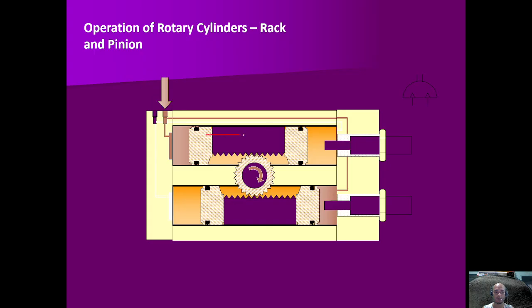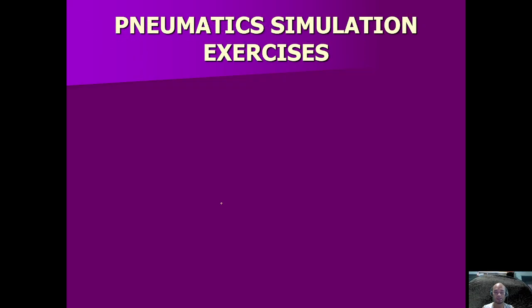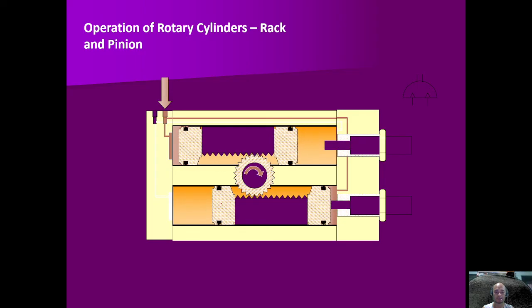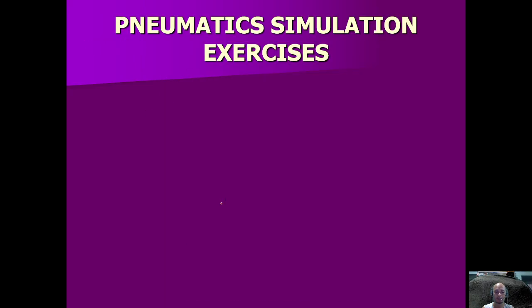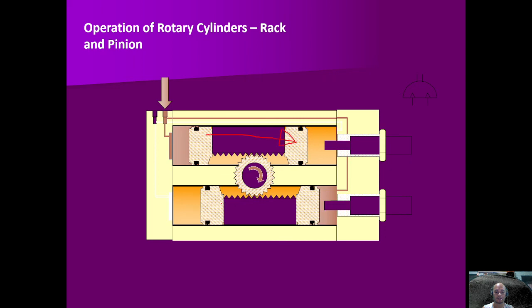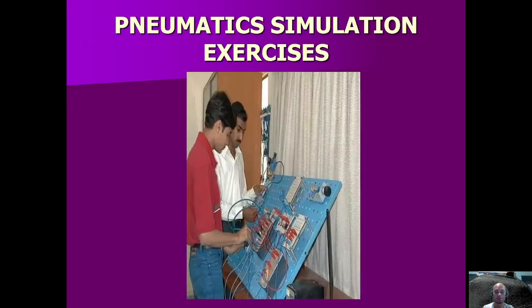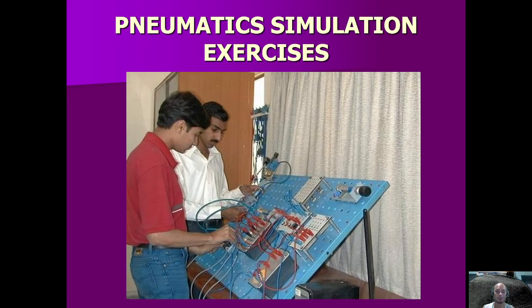Then the rack will rotate this gear in the center, and the gear in the center will also move the piston at the bottom to the left. So that's how it works. It depends where the pressure will go. Okay, and after this we will be having our pneumatic simulation exercises.